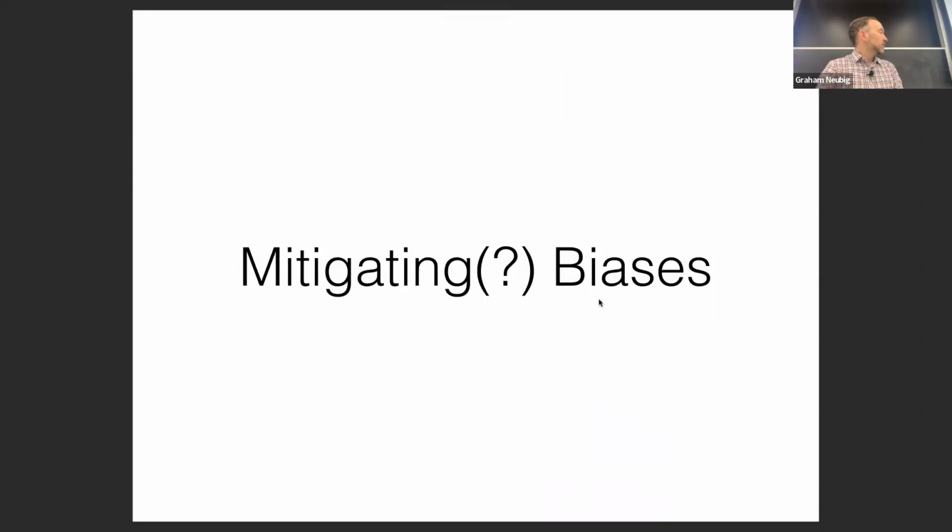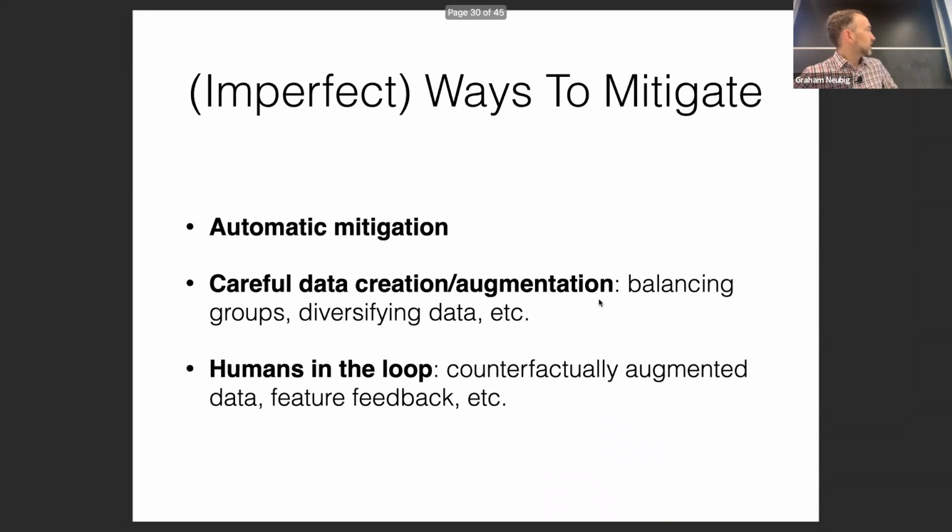So next, I'd like to talk a little bit about mitigating biases in models. There are ways to mitigate biases, and I don't think any of these is perfect. I think the only right way is to come up with evaluation metrics to ensure that you're measuring how much bias exists, and then try to mitigate it, making sure your evaluation metrics improve until you're satisfied with the amount of bias removal.